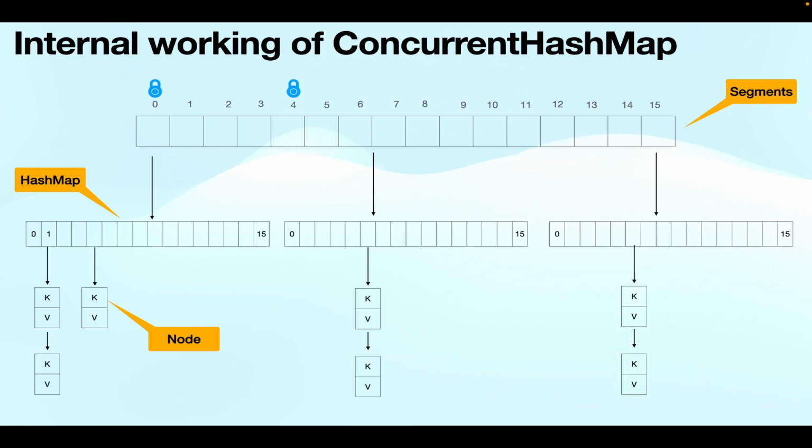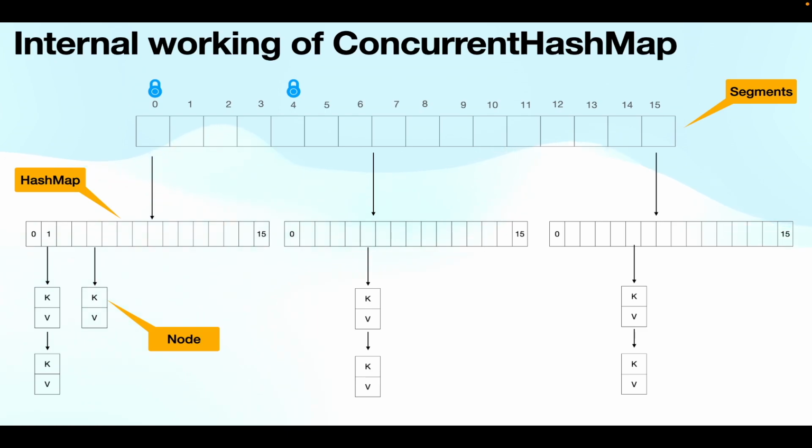Both implementations of the map interface provide the same feature, but there is a slight difference from an optimization perspective. Hash table is not optimized and does not perform well in the case of concurrent users, whereas concurrent hash map is optimized and performs very well in the case of concurrent users.